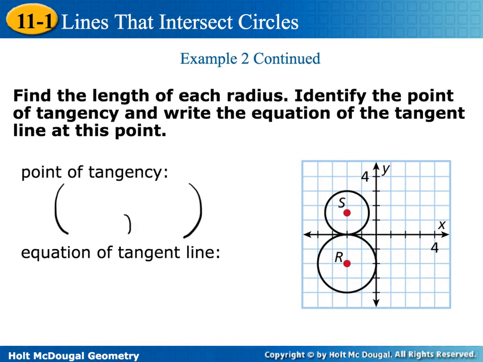So starting at 0 to get to here, I go over 2, so I go -2 in the x direction, and I stop. I don't go up or down, so I didn't go anything in y, so it is 0 for the y direction. So the point of tangency is at -2, 0.